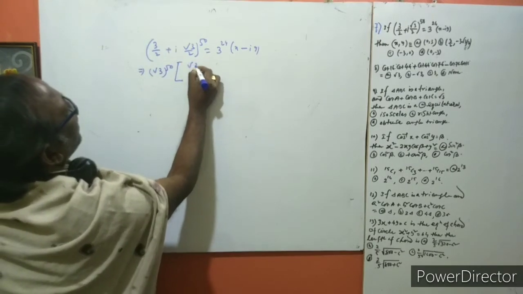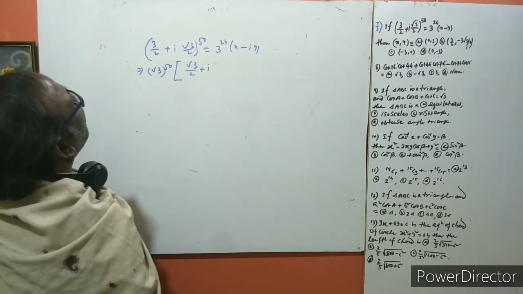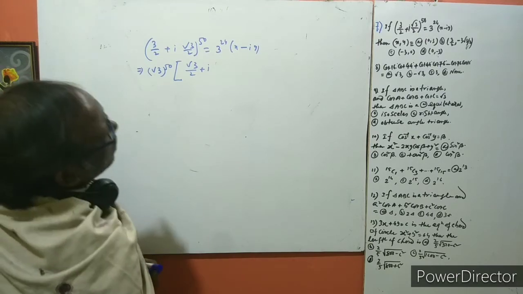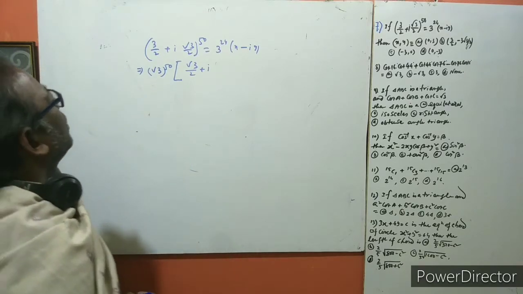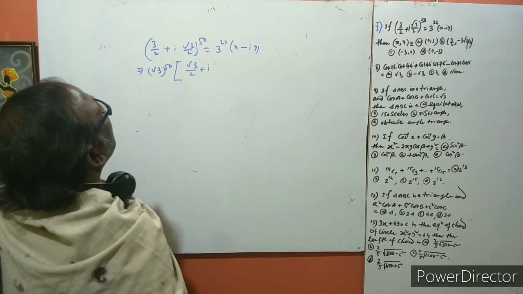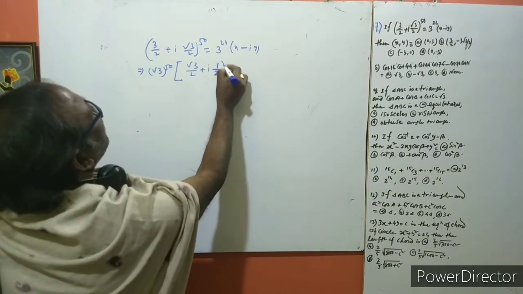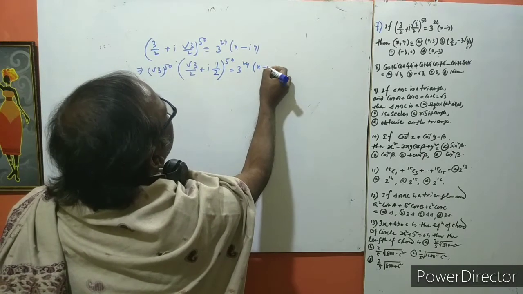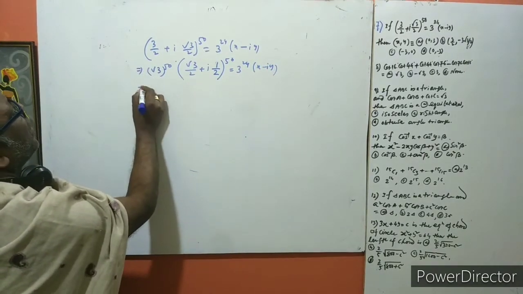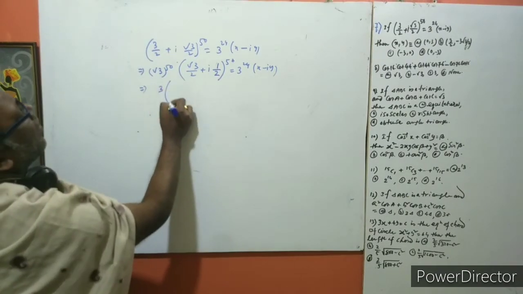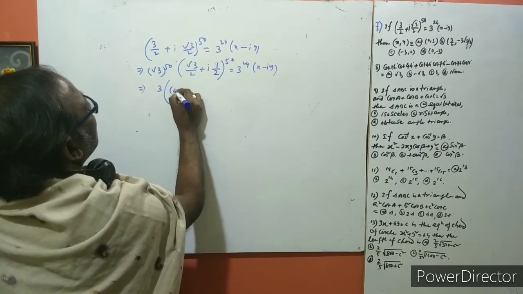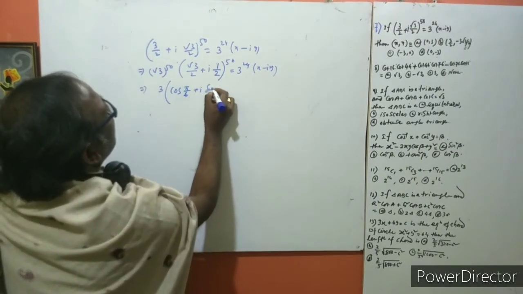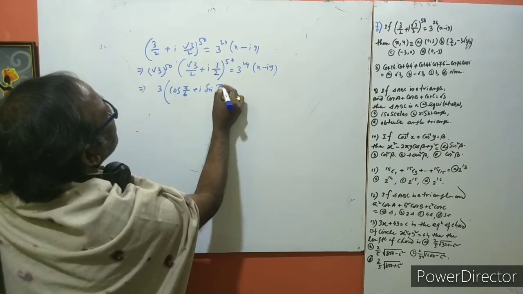Okay, then we can write here (root 3 by 2 plus i into 1 by 2) to the power 50, and this is 3 to the power 25, and x minus iy. Dividing, this is 25, this is 3 here, so we can write cos 30, that is pi by 6, plus i into sin 30, that is pi by 6 here.